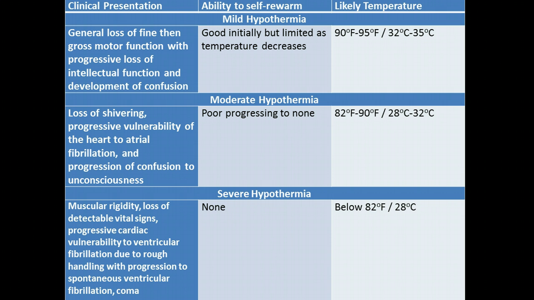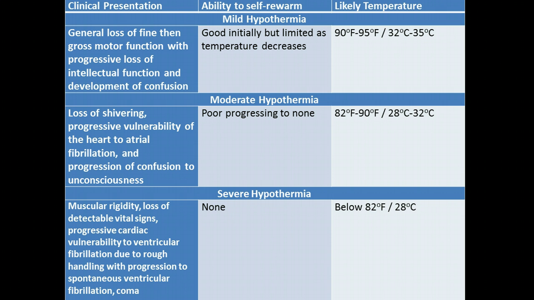They fumble with things, they stumble and trip, they tumble and fall, they mumble, they grumble to themselves. And typically, they're able to self-rewarm. If you remove them from cold stress and you give them something to eat or drink, they're going to be able to rewarm. They're still shivering, so they still have the ability to generate heat. And you can predict their temperature is in the 90 to 95 Fahrenheit or 32 to 35 Celsius range.